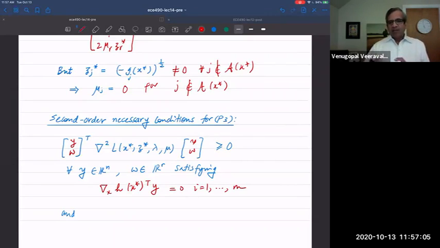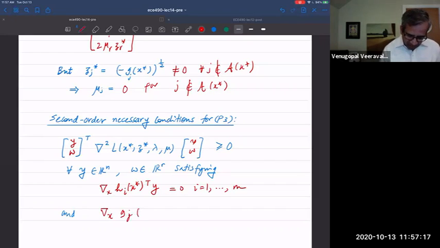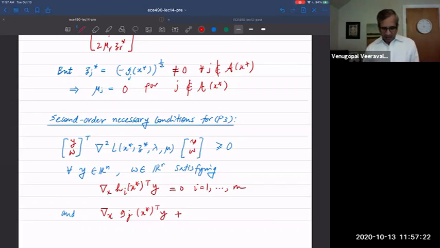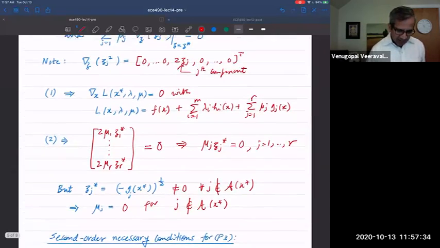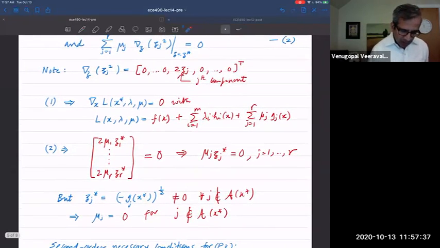Since the gradient with respect to x and the z's can be separated out, I can first look at the gradient of g_j at x star transpose y, and then look at the other inner product with the gradient with respect to z_j and the w components. If I go back and look at the gradient with respect to z_j, the only non-zero component is in the jth component, and that's 2 times z_j.